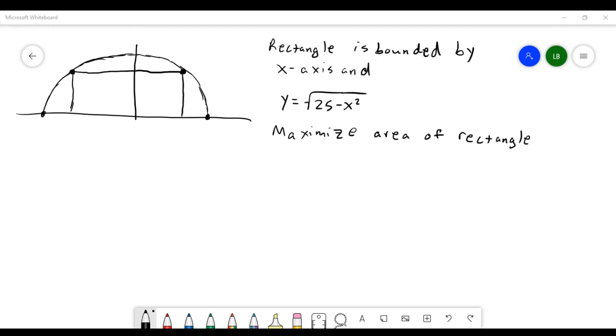Right, how's it coming? Stuck on finding critical numbers?